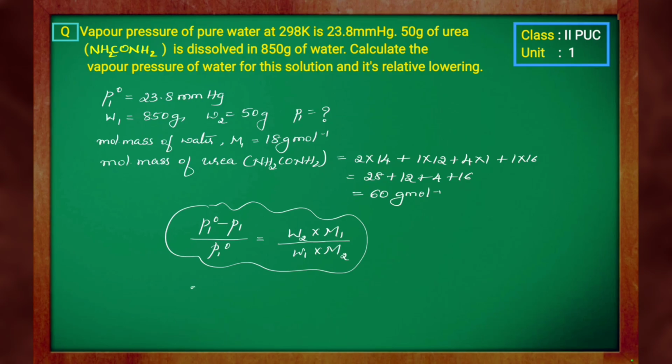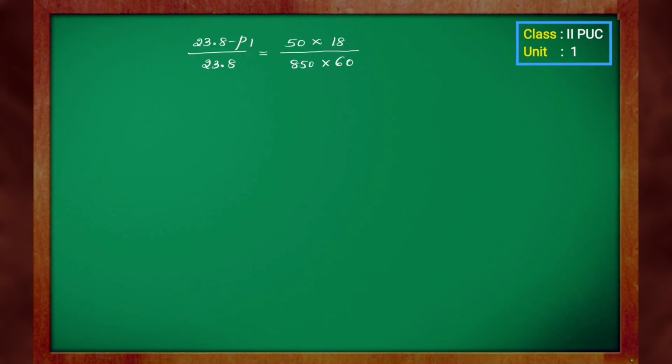We have P1⁰, which is 23.8, minus P1, which is what we need to calculate, divided by P1⁰, that is 23.8, equal to W2, which is 50 grams, into M1, that is 18 grams per mole, divided by W1, which is 850 grams, into M2, which is 60 grams per mole.